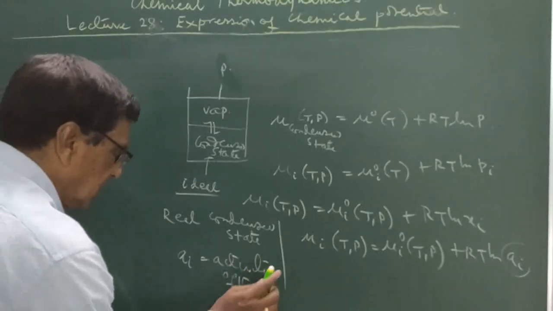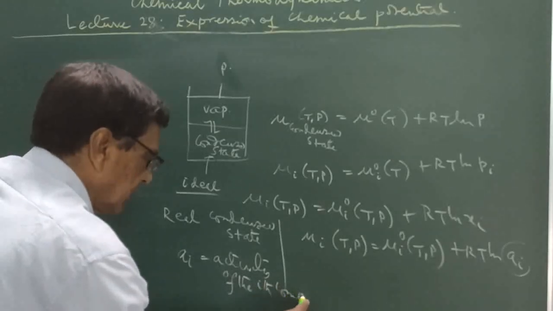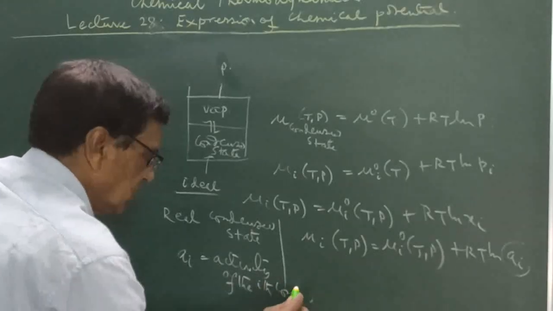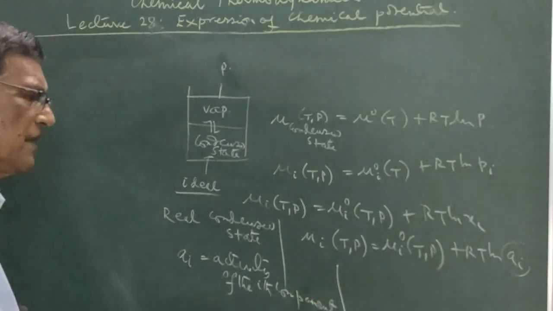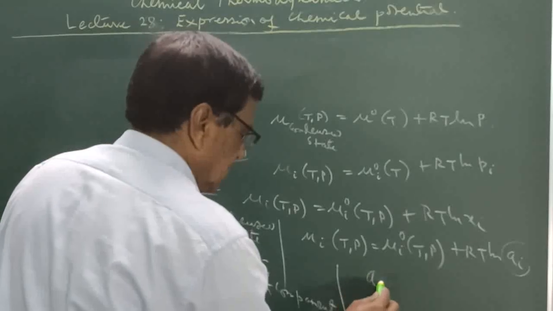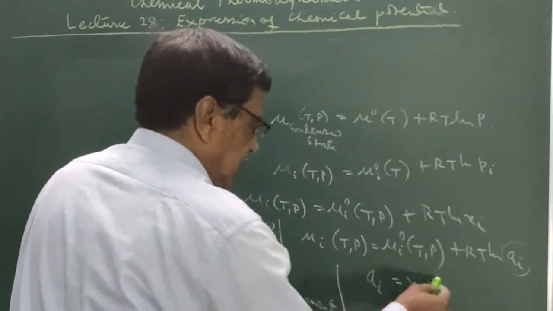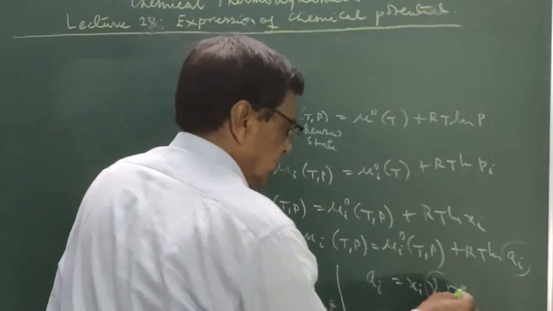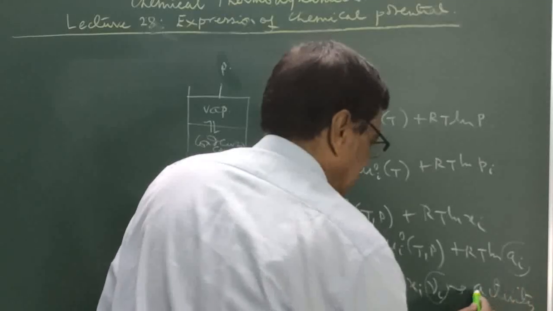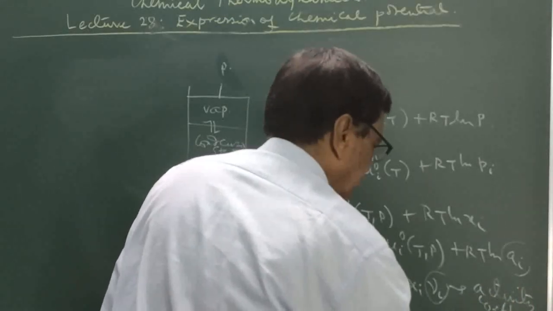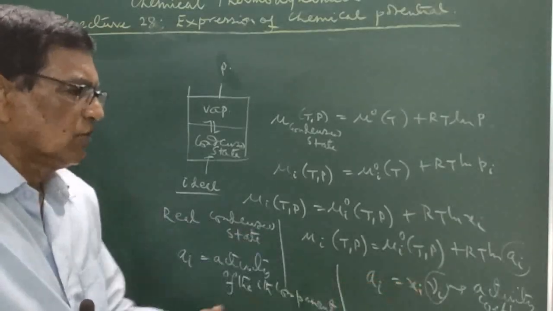And actually ai equals xi into gamma i. This gamma i is called the activity coefficient of this ith component, and xi is the mole fraction.